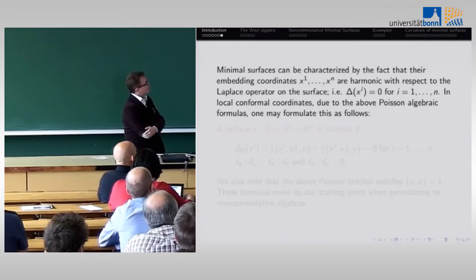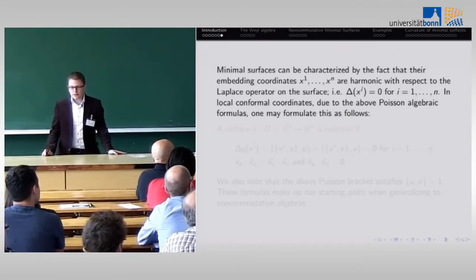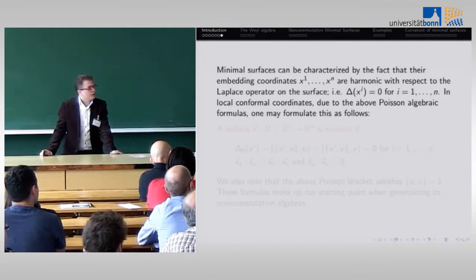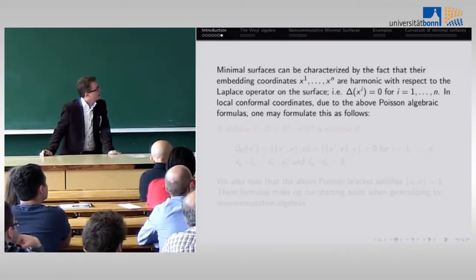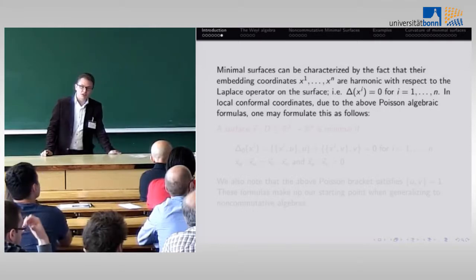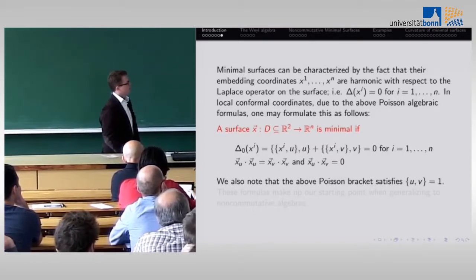So, as I said before, minimal surfaces can be characterized by the fact that the embedding coordinates are harmonic, Laplace of x_i equals 0. And in conformal coordinates, we can write the Laplace operator in this particular way. So we can define a minimal surface, as is done in some minimal surface books, simply directly in terms of conformal coordinates.